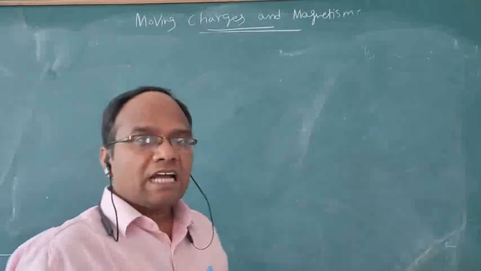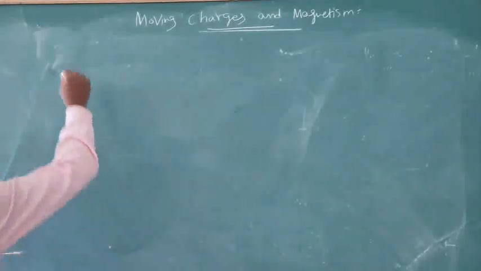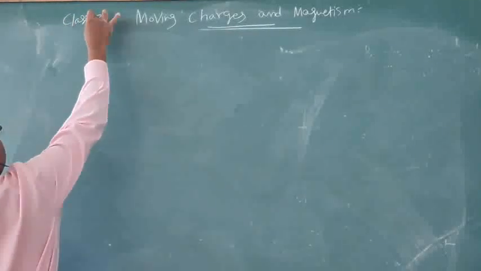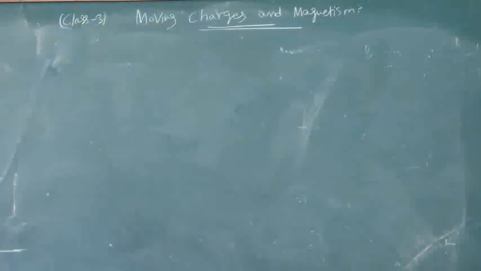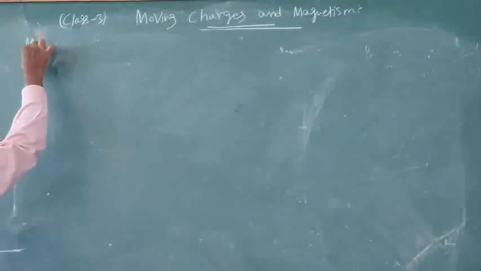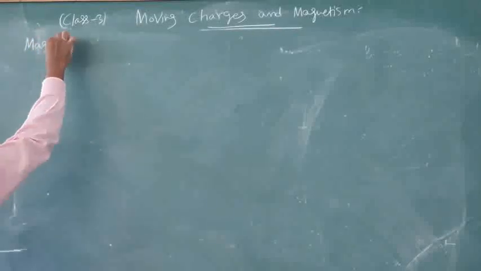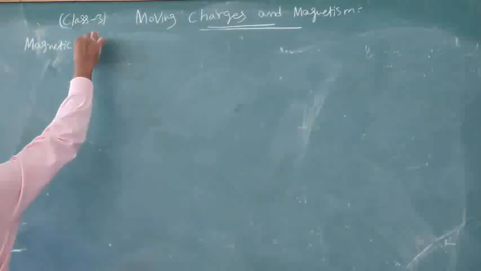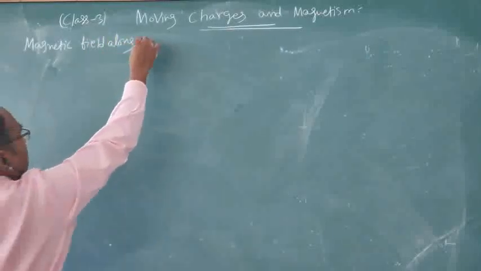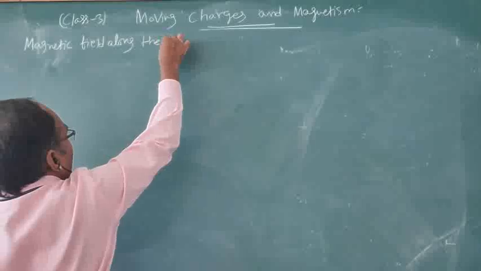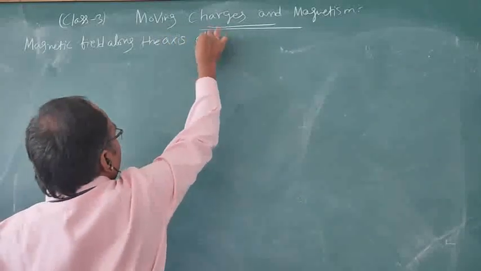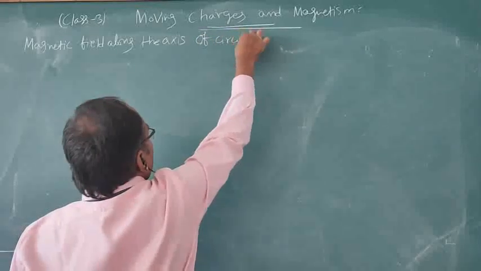So this is the class 3, moving charges and magnetism. In this, now we are studying about the magnetic field along the axis of a circular loop.